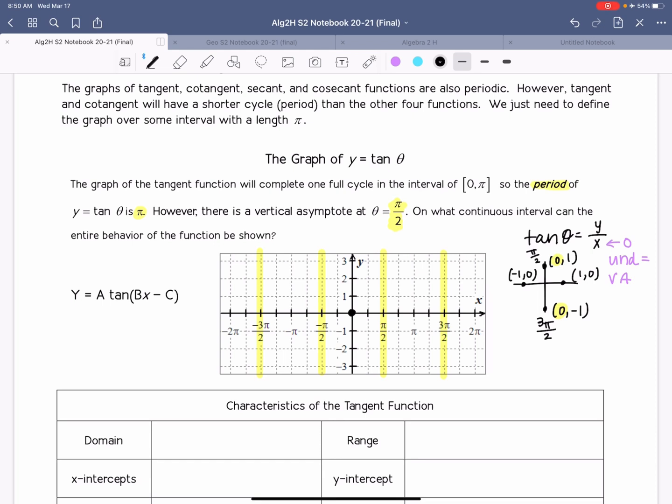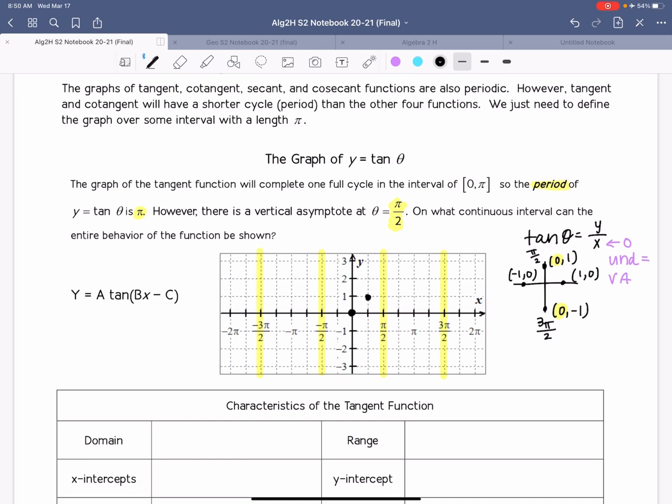The next one, or this spot right here, would be pi over 4, or 45 degrees. And hopefully you guys know by now, pi over 4 is always root 2 over 2, comma, root 2 over 2. So when I put those over each other, root 2 over 2 divided by root 2 over 2, we get 1. So then I have a point here at 1.